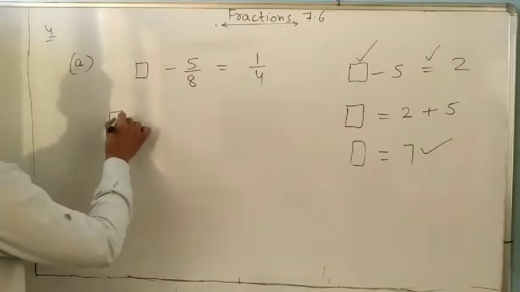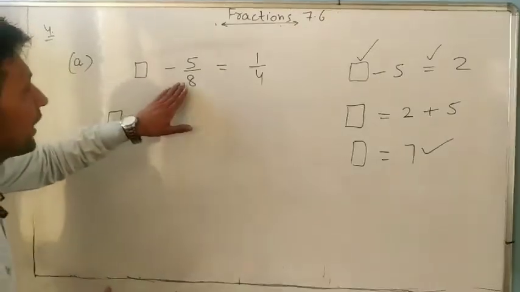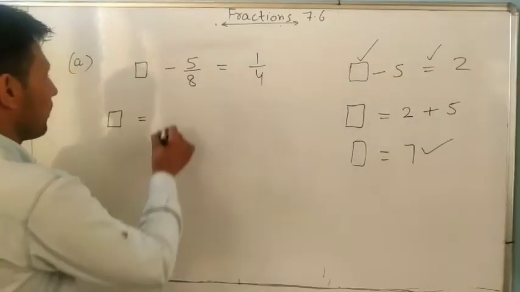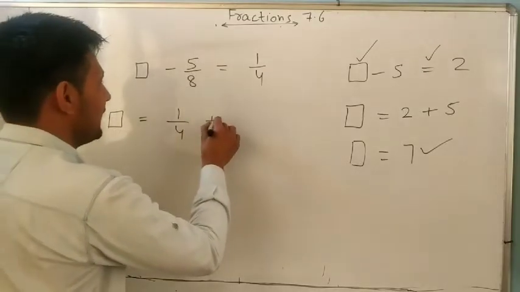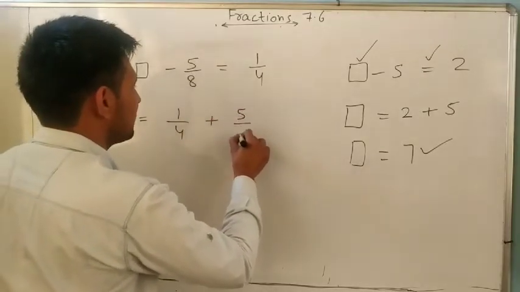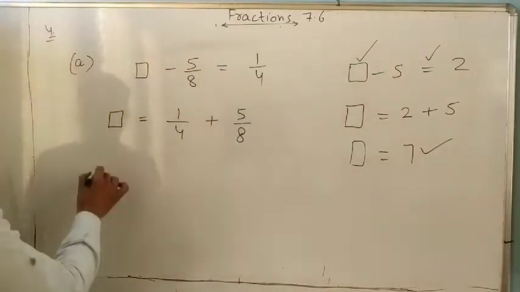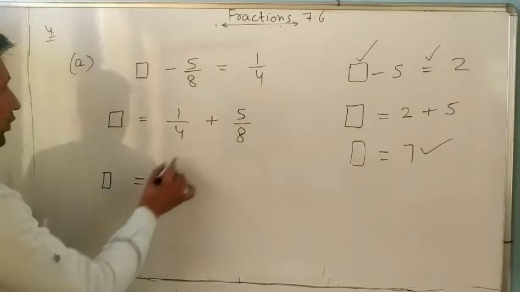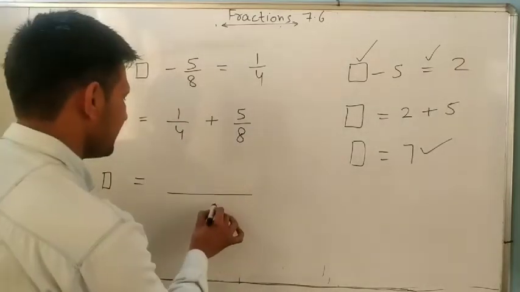So same as it is. The fraction is missing, and now we want to find this value. So it means we have to move this one. 1 by 4 is negative here, and on the other side positive 5 upon 8. So can you solve it now? Do it yourself. Taking LCM, the LCM of 4 and 8 is 8.